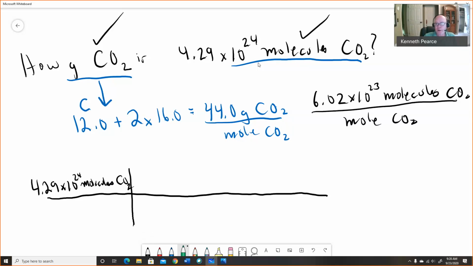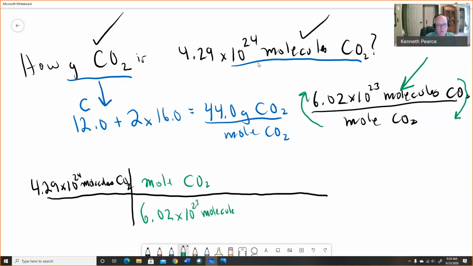I see it right there. Here's my molecule CO2. So molecule CO2 is on top, so I have to flip this over to get molecule CO2 on the bottom. And so I do that. So I say a mole of CO2 is 6.02 times 10 to the 23rd molecules CO2.